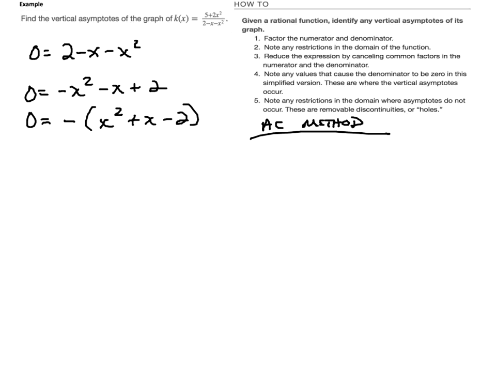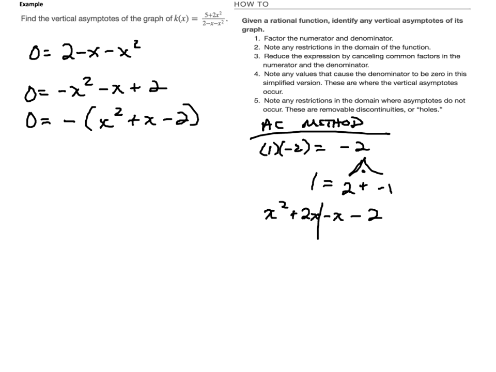Off to the side, I'm going to show you the AC method just to refresh you on how to factor that polynomial. Y'all are lucky because I haven't been showing factoring lately, but I will here, even though I can do it in my head. So I need to find AC, the product. A is 1, C is negative 2. So that's negative 2.